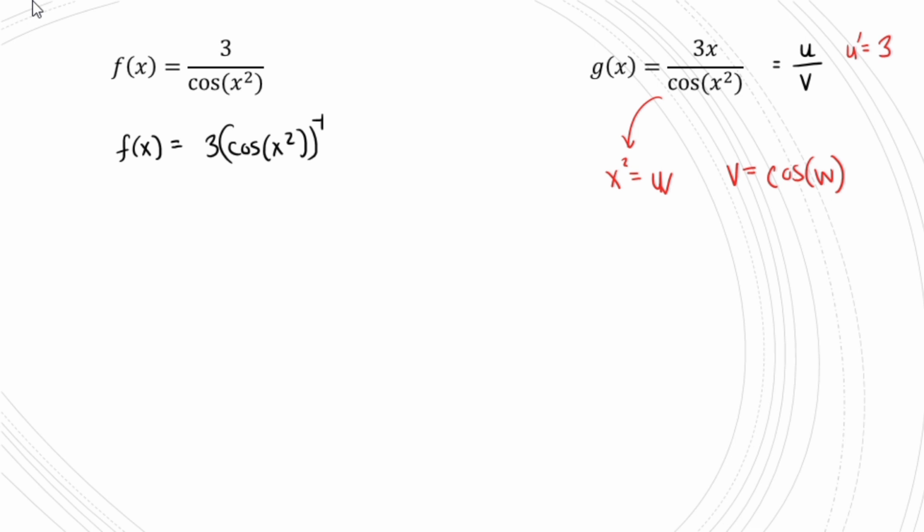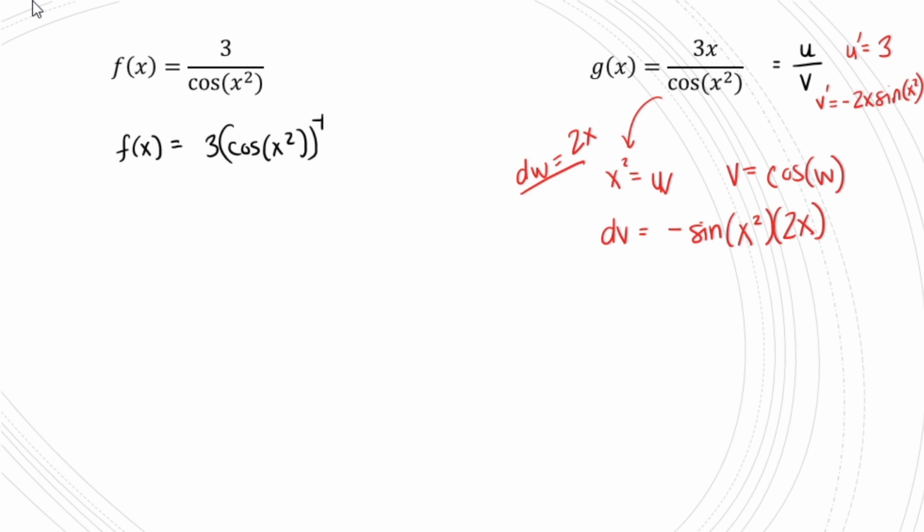So if I wanted to find dv or v prime, I'm going to take negative sine of w, which was x squared, and multiply it by dw, which is 2x. All right, and it gives me 2x. Okay, so I'm going to write that over here. v prime is negative 2x sine x squared.